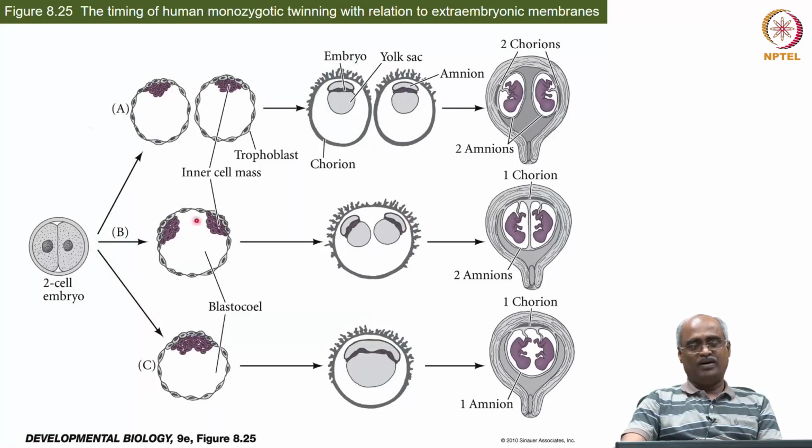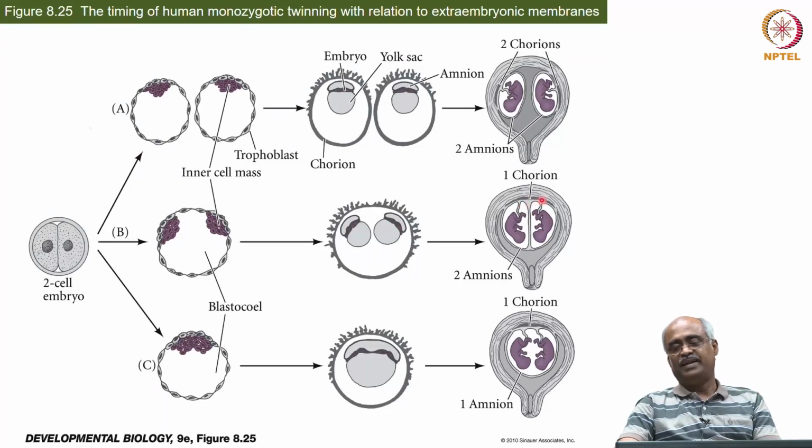But this happened after the trophoblasts separated, so you are going to have a single chorion. A single trophoblast population, and as a result a single chorion, but 2 inner cell masses, and as a result 2 amniotic cavities. Here you can see this shaded area, that is the trophoblast, and that is the chorion formed from the trophoblast, and this white area is the amniotic cavity. So you have 2 amnions with 1 chorion.